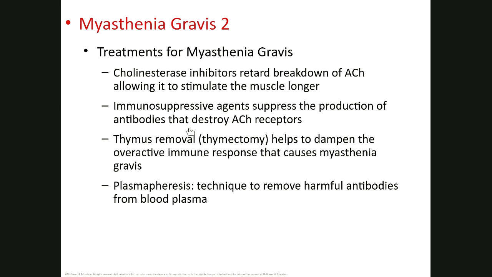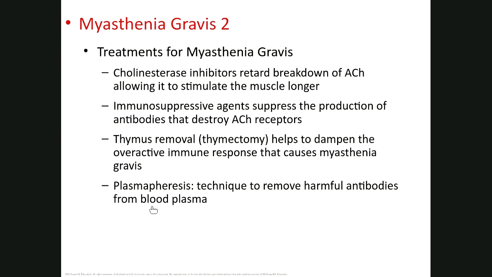We could also take care of the autoimmune dysfunction by applying immunosuppressive agents. This will suppress the production of antibodies that destroy the receptors. You know that the antibodies populate in the thymus, and another extreme procedure is to remove the thymus and therefore lessen the overactive immune cells.